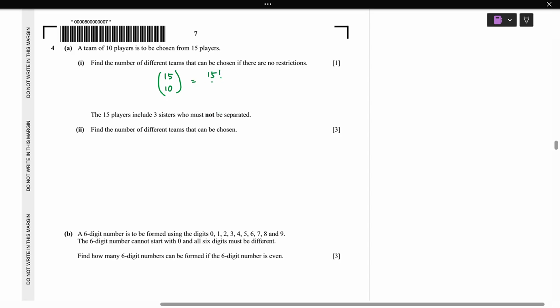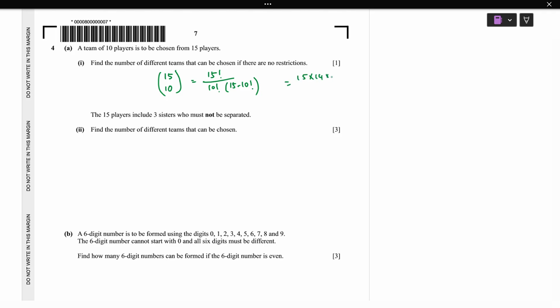So we write here 15 factorial by 10 factorial into (15 minus 10) factorial, which is, here we'll write 15, 14, 13, 12, 11, and we'll write 10 factorial. We need not write the entire thing, because down there is one 10 factorial. We'll cancel that.